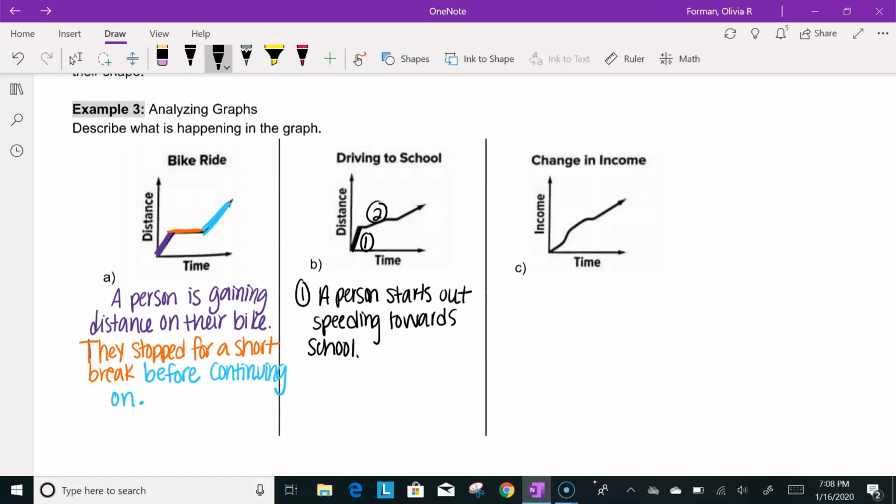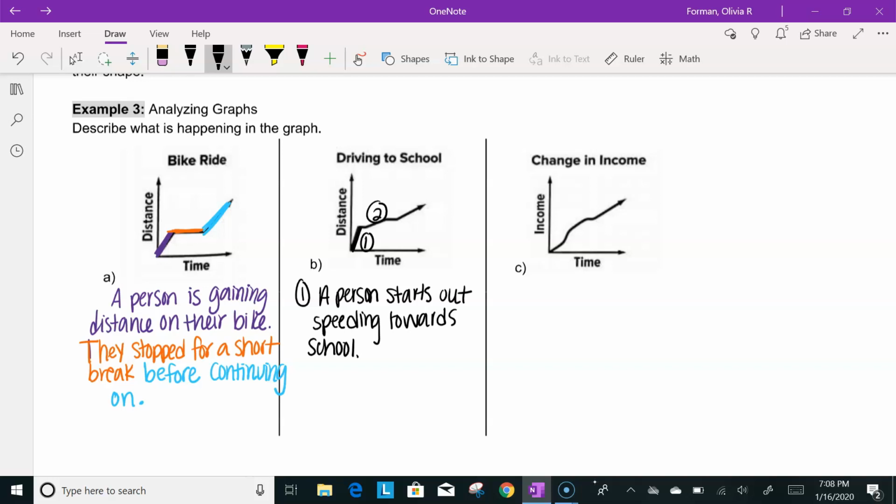Okay, so we see that because it's a steep line there. That means that they went a pretty far distance in a short amount of time. So that's why I'm thinking, okay, they started going really fast on this journey to school. Okay, so they increase their speed, they're speeding.